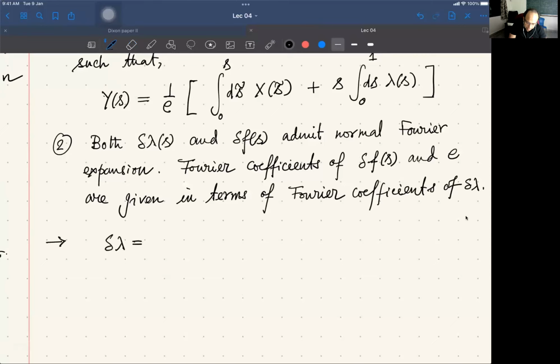Write delta lambda as lambda 0 plus sum over n greater than or equal to 1 lambda n c2n plus theta n s2n.